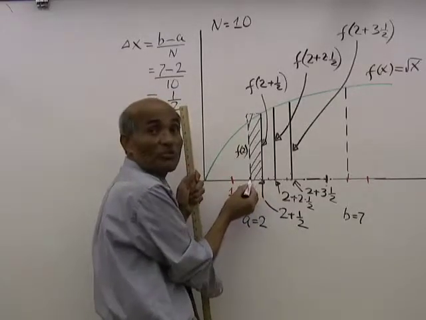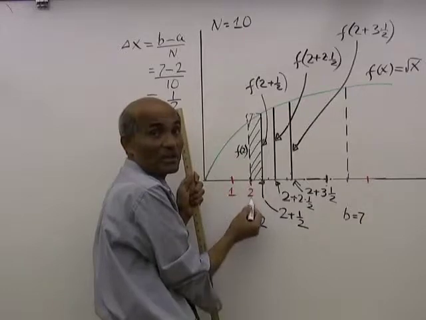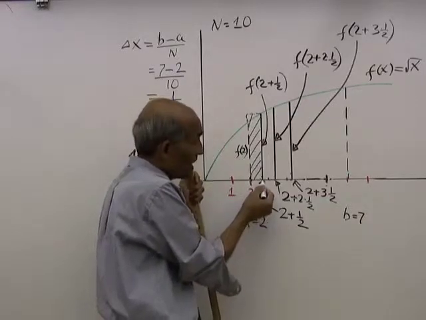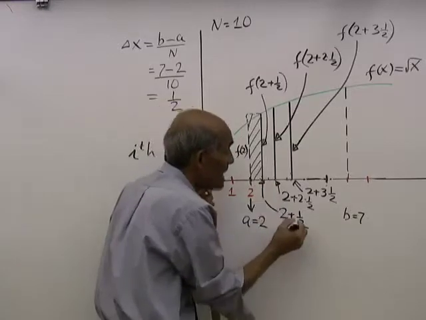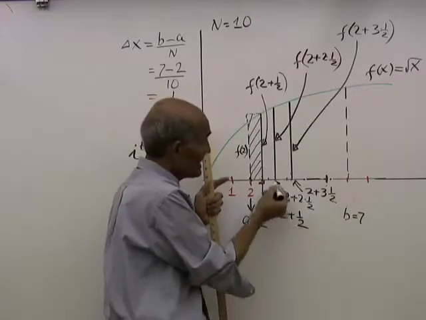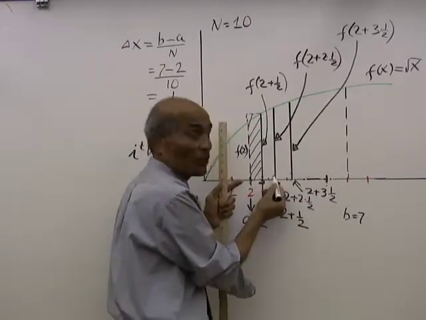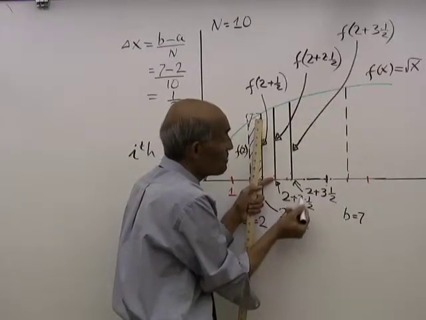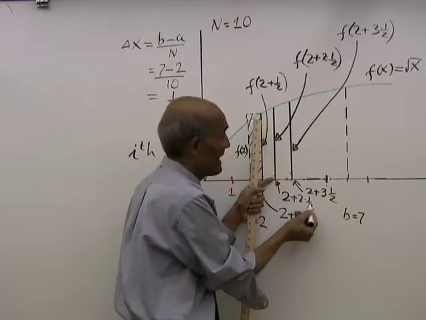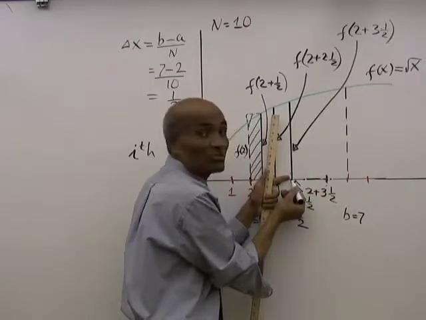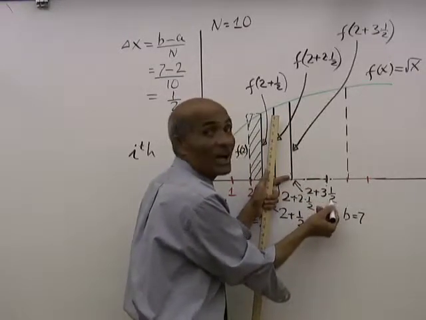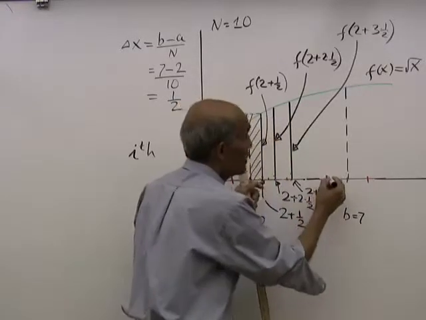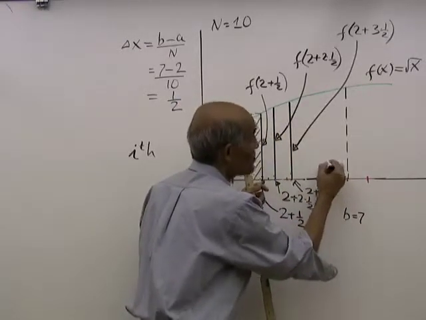Now, this is the first x value, that is the starting point, 2. The next x value is 2 plus 1 times 1/2. For the second rectangle, the x value is 2 plus 2 times 1/2. For the third rectangle, the x value is 2 plus 3 times 1/2. Now, this is the ith rectangle.